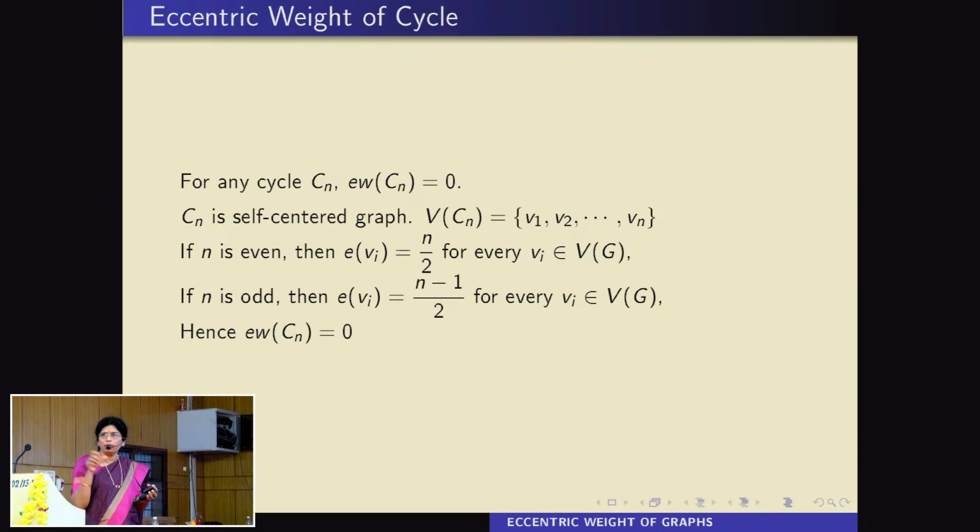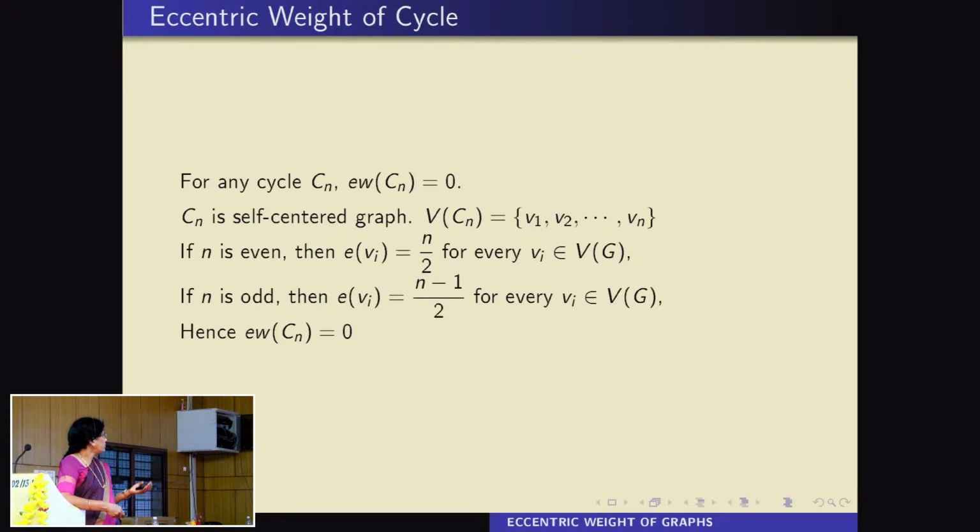Similarly with the other central vertex v here, so eccentricity of u and eccentricity of v is equal to 2, whereas the eccentricity of the remaining vertices, all the pendant vertices, is equal to 3, because the distance from one pendant vertex to another pendant vertex is 3, since the path goes from that vertex to u or v, then to v or u, then to the ui or vj. So the eccentricity is equal to 3. So adding up the values for the function, we get its eccentric weight as equal to r plus s here.